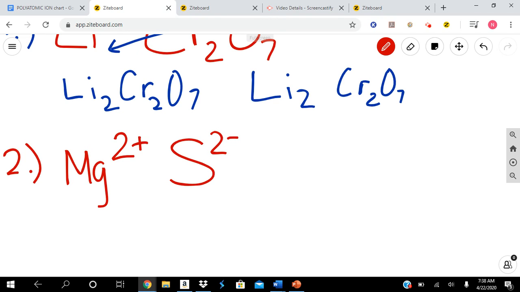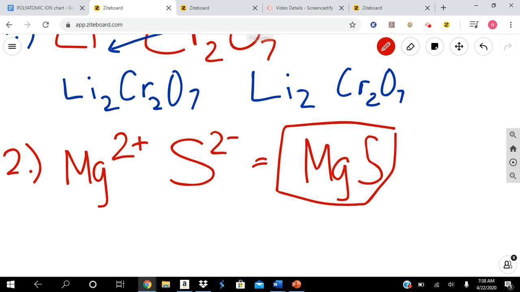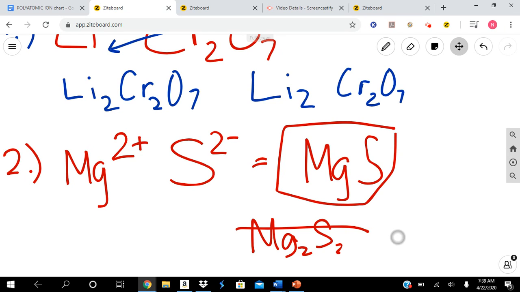What do these charges do? Cancel out. So this is what we were talking about as being like an easy problem. So don't do a weird double crisscross like this. You should notice that you're crossing the same numbers, so that's wrong. And nothing has to go in parentheses because nothing is a poly.